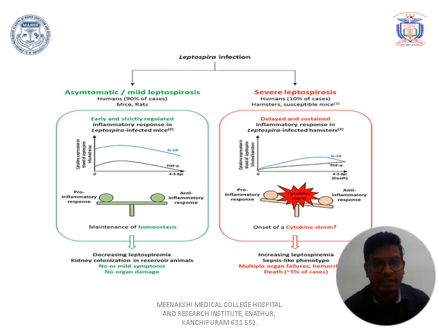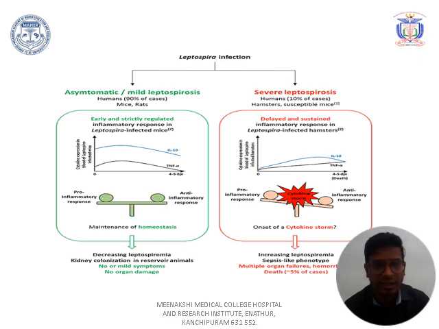Leptospira infection has two types. Most commonly it is asymptomatic or mild leptospirosis, in about 90% of human cases. Mostly there will be no or mild symptoms and no organ damage, because pro-inflammatory and anti-inflammatory responses are strictly regulated.